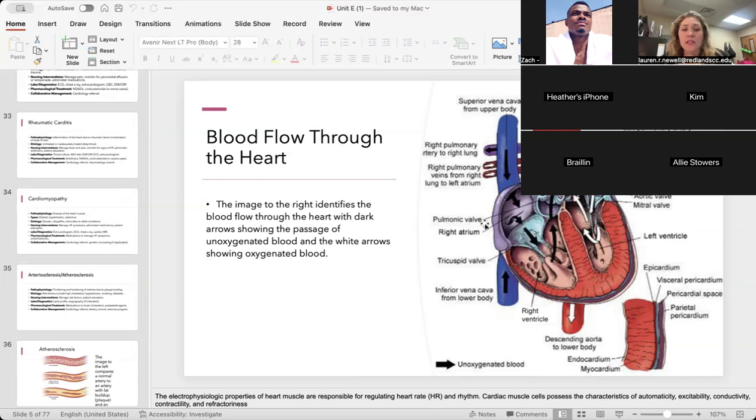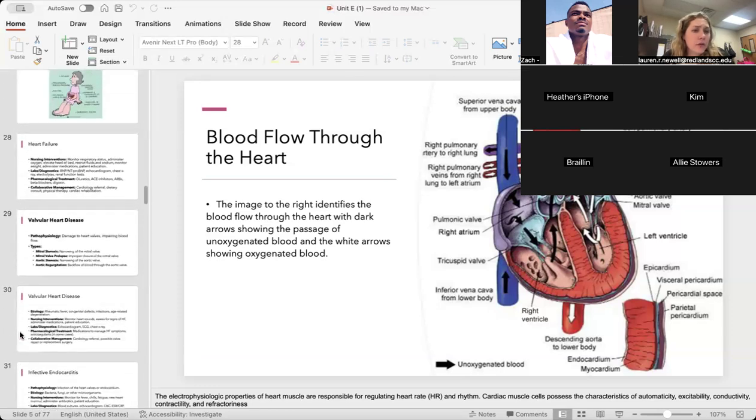If there's some issue with the valve itself, what can often happen is there's no closure, so the blood can backflow. Valves are very important to make sure that blood isn't flowing backwards.